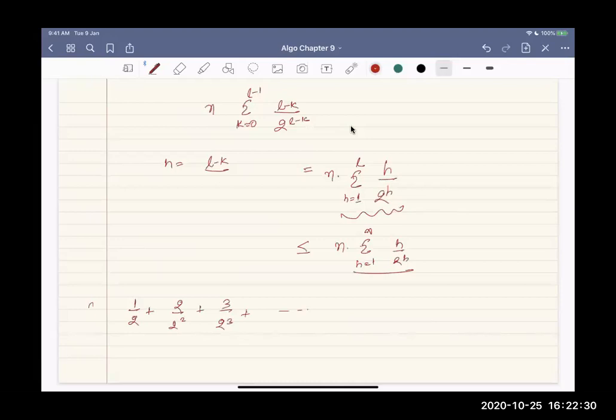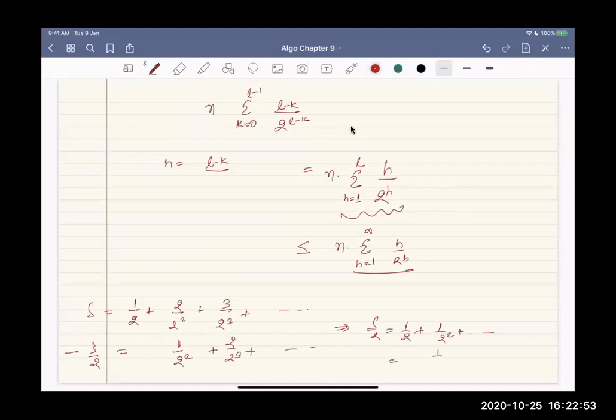Let's say this is S, right? And how do you find this value? Just take a shifted version, divided by 2, and then you subtract. So S by 2 is 1 by 2 square plus 2 by 2 cube and so on, and after subtracting, S by 2 is 1 by 2 plus 1 by 2 square, an infinite series.